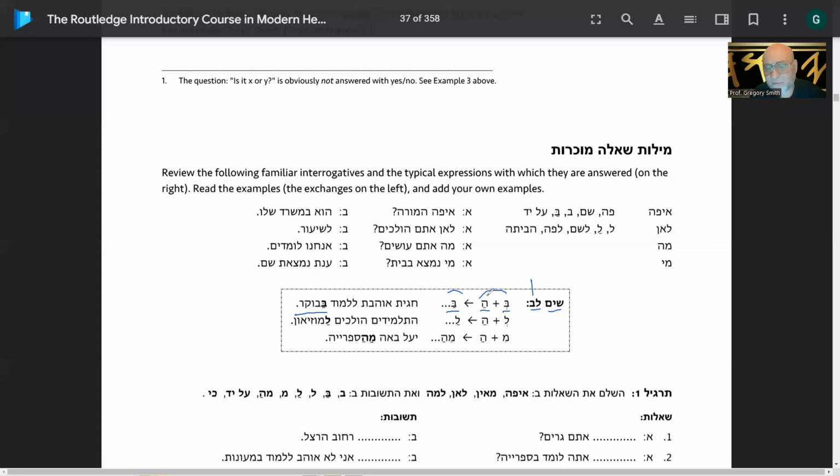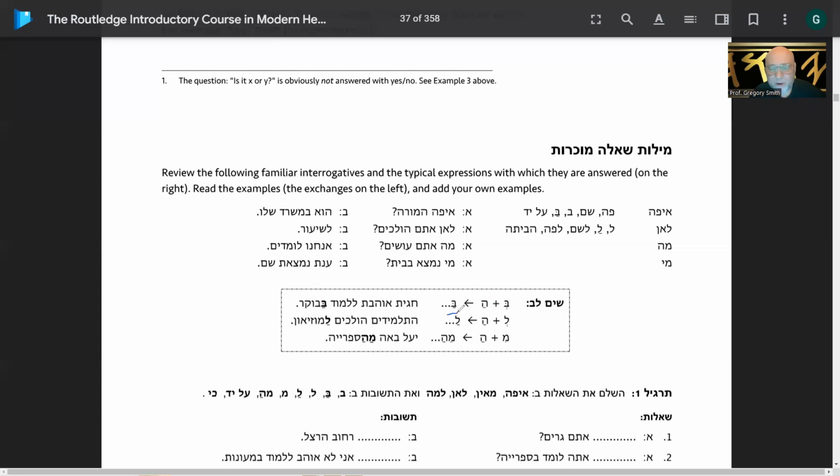But notice that sometimes without it being definite, I'll scratch that. I was thinking of something else, but this is basically what they've got coming up here. It means in the. And this is the part, but you don't see it. It's merged into the bet, and it takes the form of a bar underneath the bet. Literally, the hey transforms to that bar, which is patach.